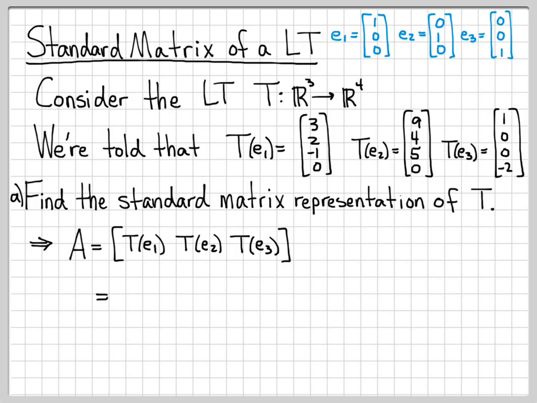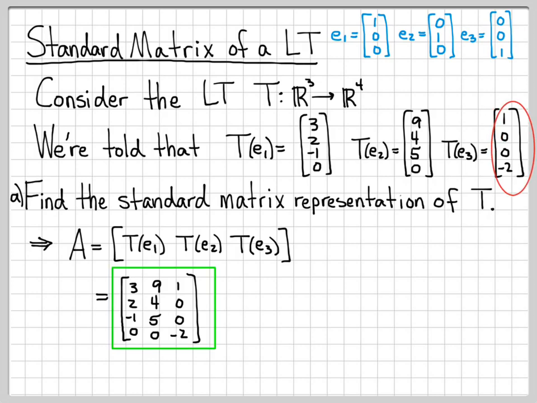It's really just applying the definition of what we mean by the standard matrix representation. So I can just write down the first column is this vector right here, the second column is this vector right here, and the third column is this vector right here. So this is the standard matrix representation of this linear transformation.